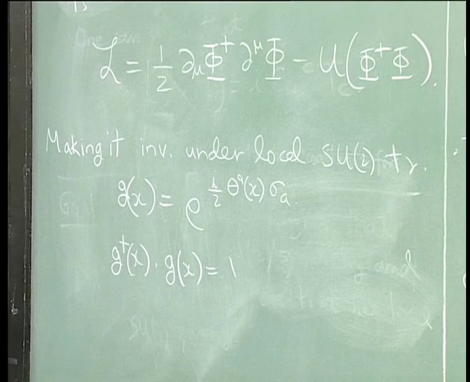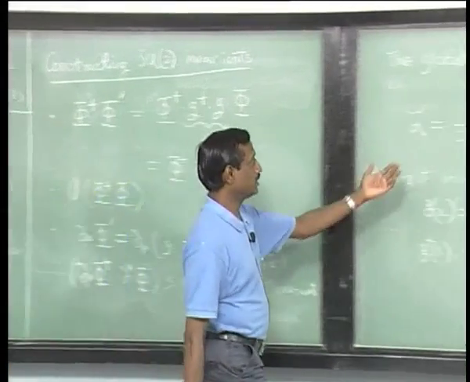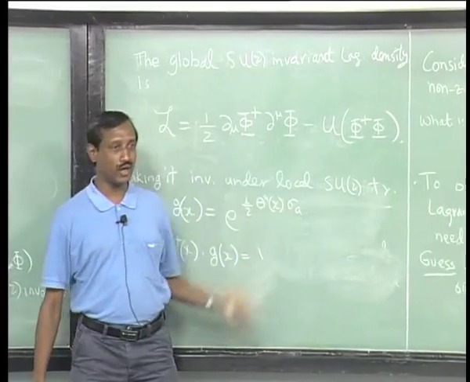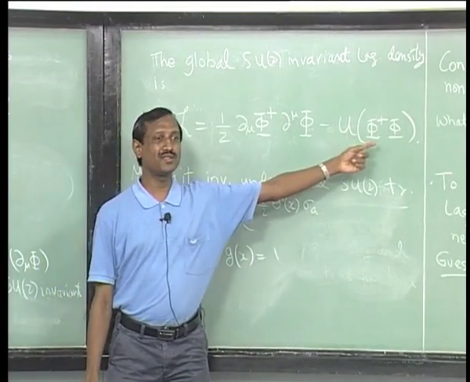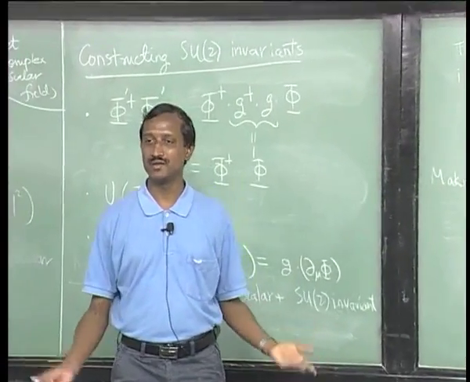So, in other words, we can go back now and look at this Lagrangian and ask what happens now under local transformations. Again, this is very easy to see that the potential term continues to be invariant.